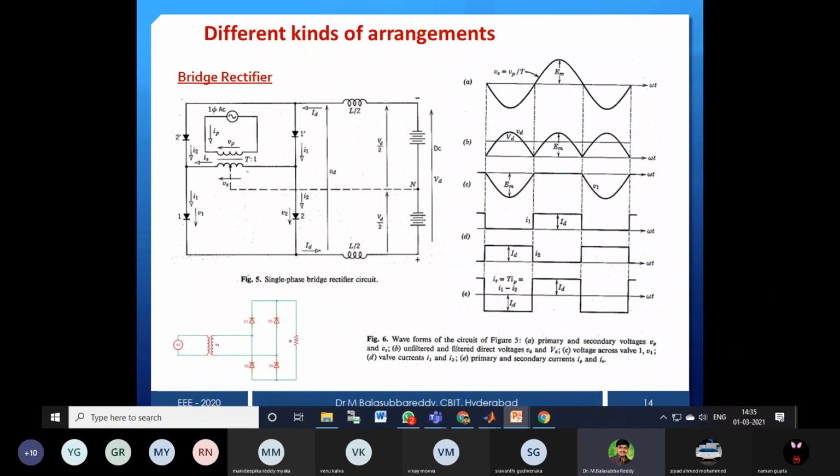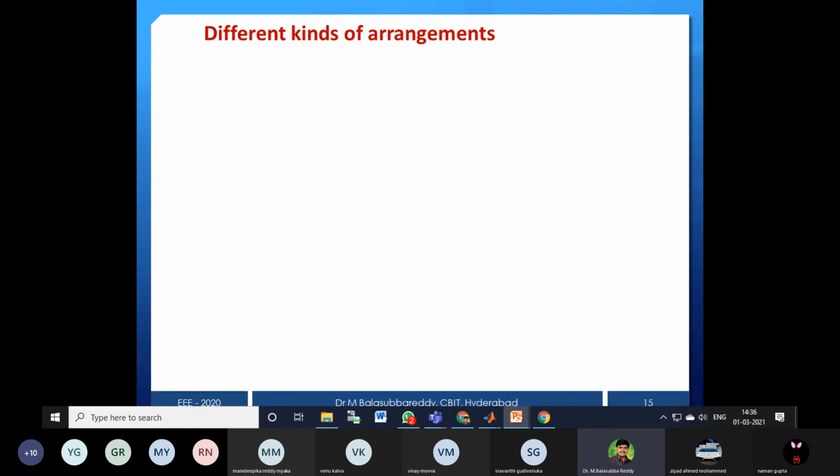That is why we showed the current Id when T1 is conducting, and then Id when T2 is conducting, or a diode, anything; it is only the representation of a converter model. So here also you just find what the valve rating is.